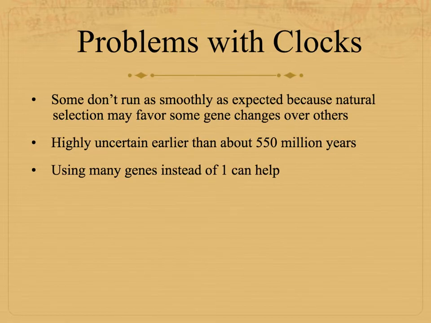And then if we try to use multiple genes, we can actually improve the accuracy of our molecular clock. Just one doesn't really tell us much, but if we use a whole bunch of them, we can learn a little bit more. So now we're going to see an example applied to humans of how this can work.